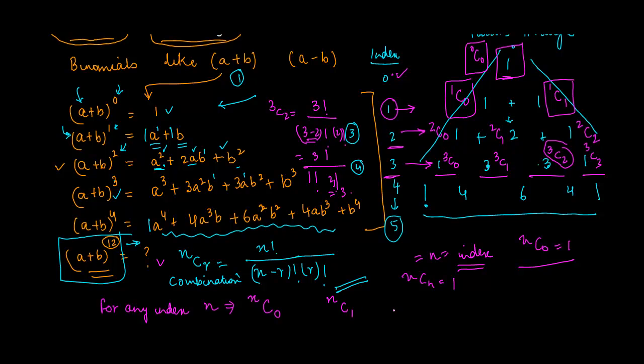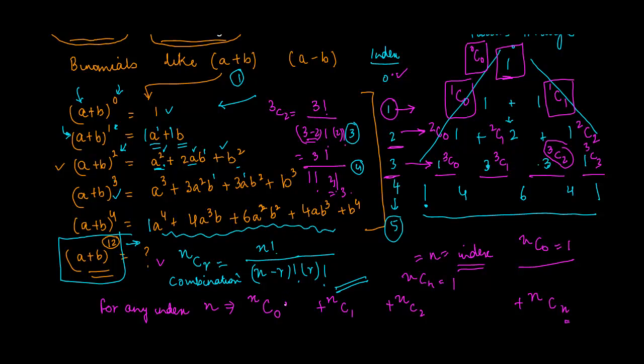Then you got nC1. Then you got nC2. Until you reach nCn. So for example in this case you had 3C3. So 3C3 was the last number.